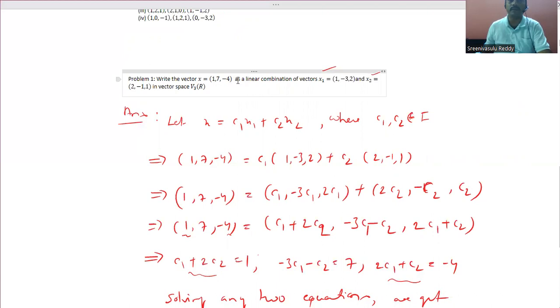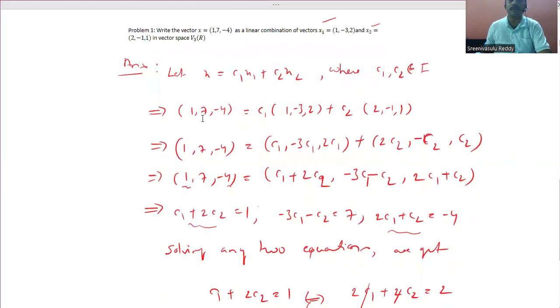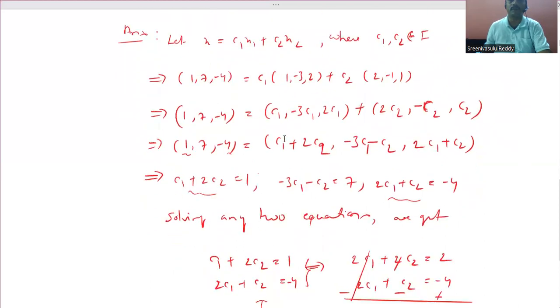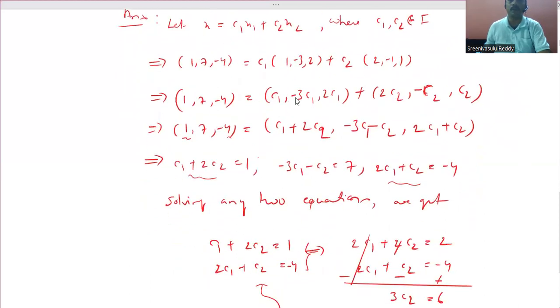So x is written as a linear combination of the vectors x1, x2, where x1 is (1, minus 3, 2) and x2 is (2, minus 1, 1).